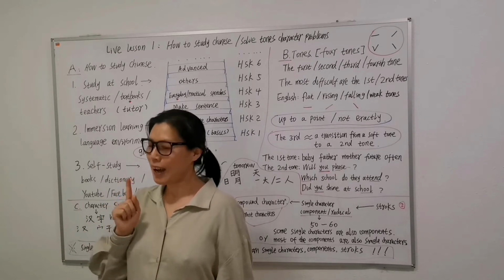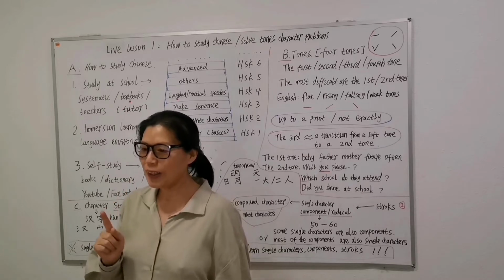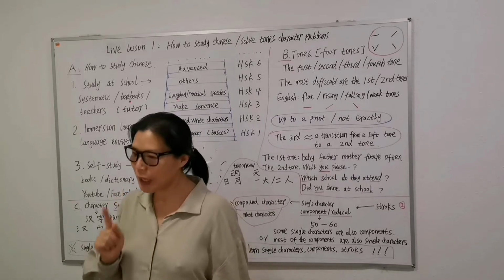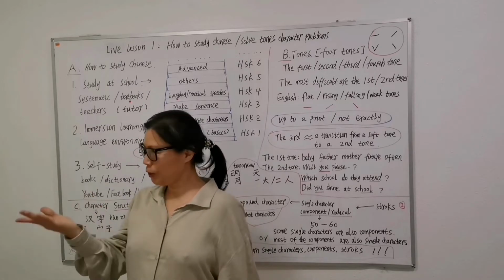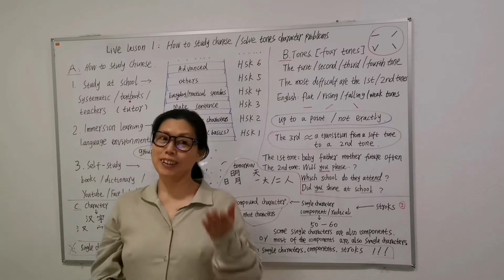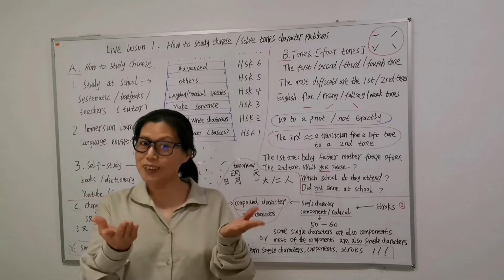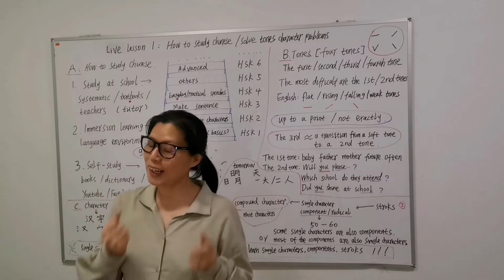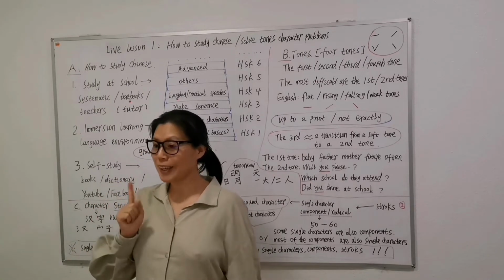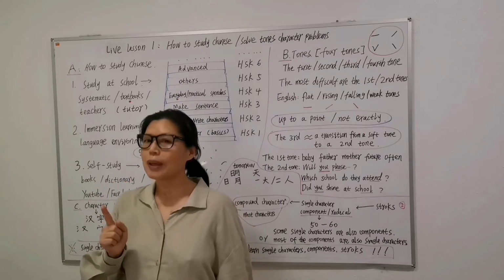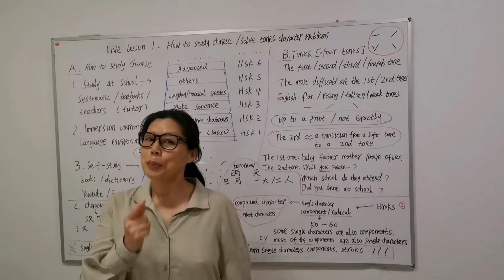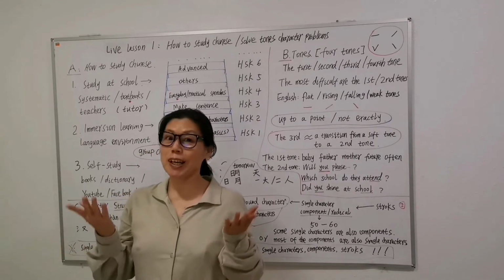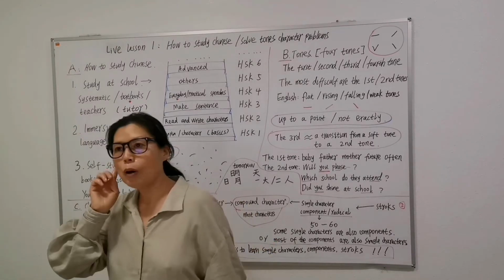First, are you a newer or an older in Chinese? Or you are a newer and you are an older. Okay, the second question is, if you are an older, please tell me what's your Chinese level?